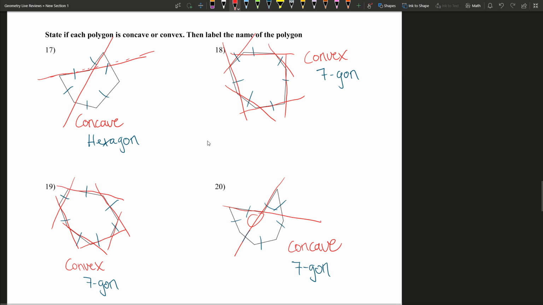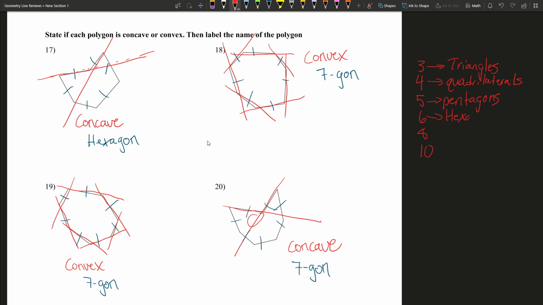But while we're here, remember that you need to know the names of 3, 4, 5, 6, 8, and 10-gons, where 3 are triangles, 4 are quadrilaterals, 5 are pentagons, 6 are hexagons, 8 are octagons, and 10 are decagons.